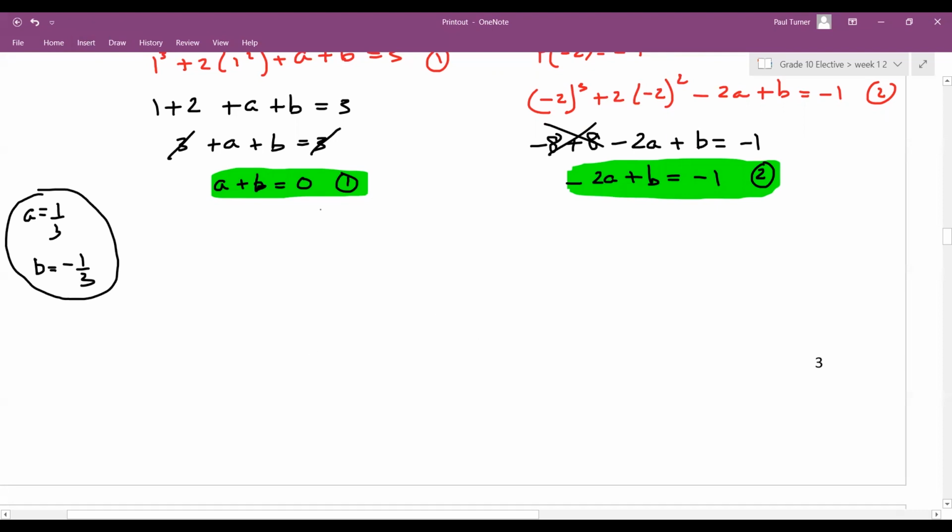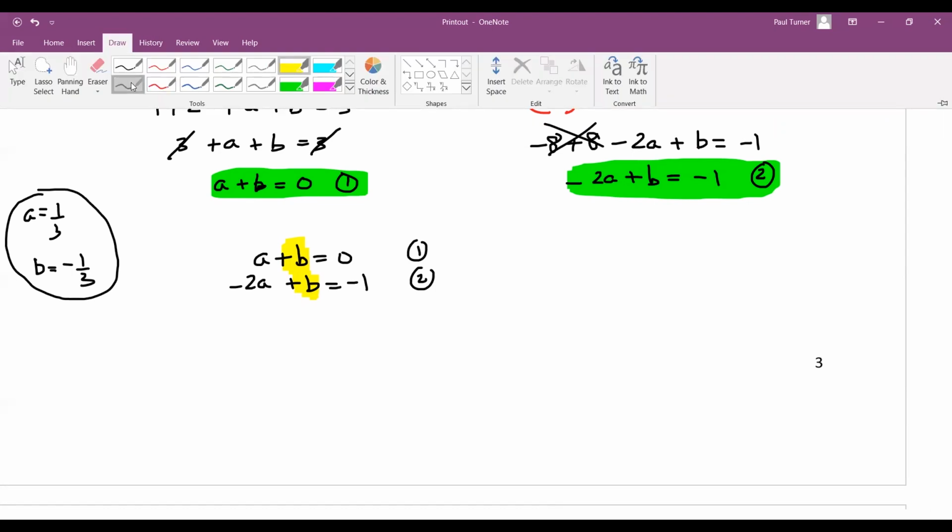Okay, if you forgot everything from grade 9, you probably can't find a and b, so we'll do it. So we've got a plus b equals 0, and minus 2a plus b equals minus 1. This is equation 1 and 2. Now, if you see here, you've got b and b the same, which is good, because when you subtract the equations, the b will disappear.